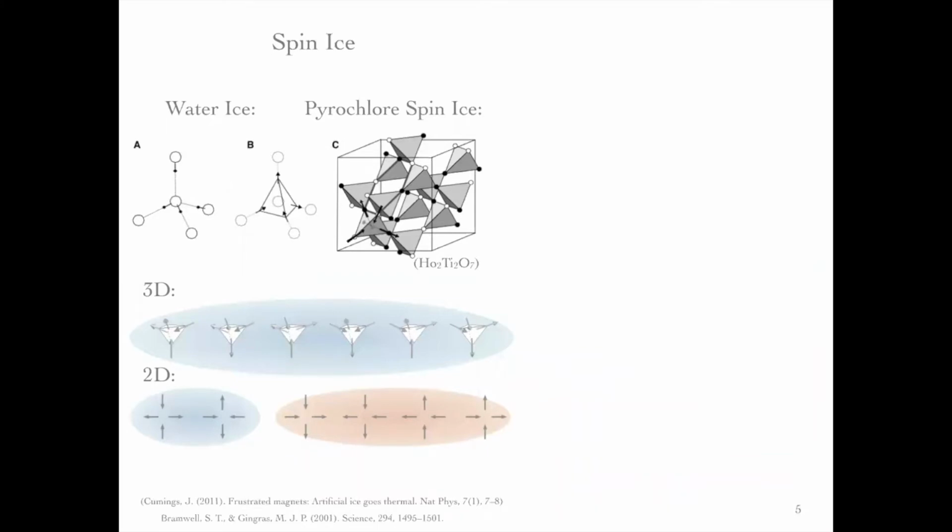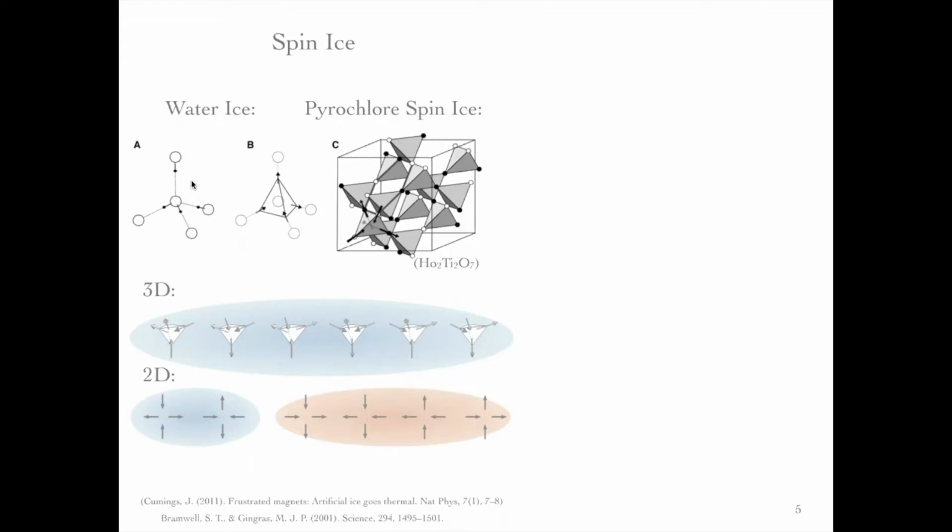Artificial spin ice is named after spin ice, which is an example of a naturally occurring frustrated system. Water ice is another example of a naturally occurring frustrated system. Here in this picture, the white circles are oxygen atoms and the black circles are hydrogen atoms, and in the ground state of water ice, each oxygen atom has two hydrogen atoms which are close to it and two which are far from it.